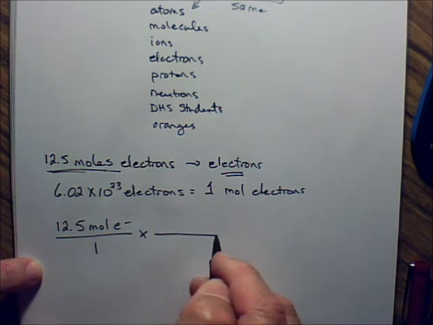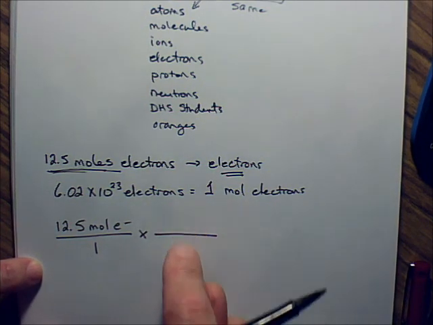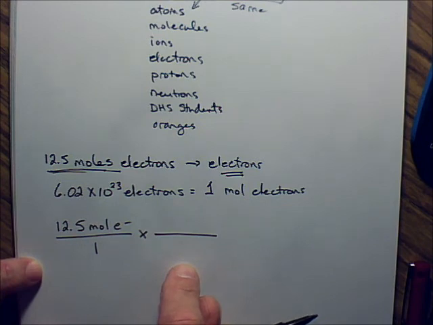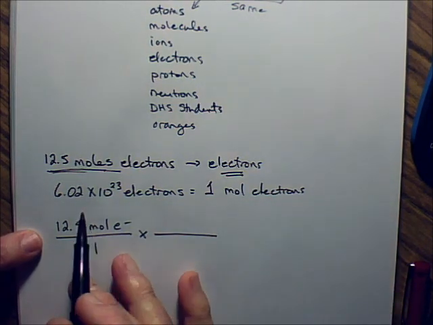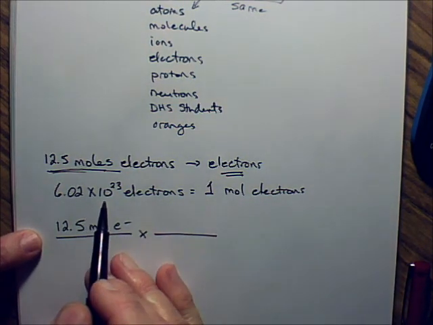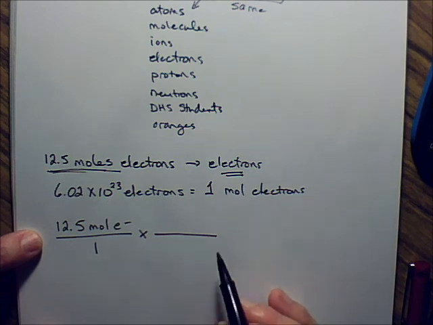And then I need to convert. I've got to have this fraction called a conversion unit. Now, to write the conversion unit, I need an equality statement. So the equality statement had to be done before you can do the conversion unit.